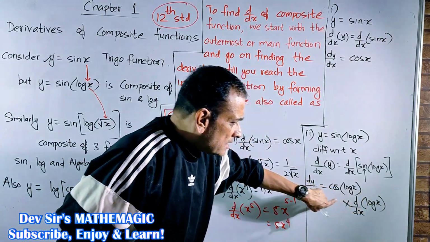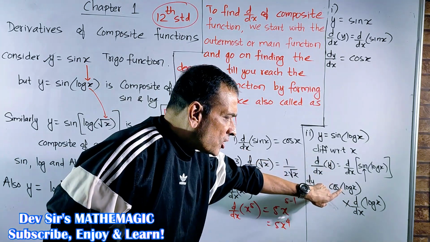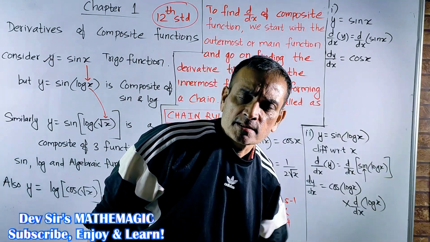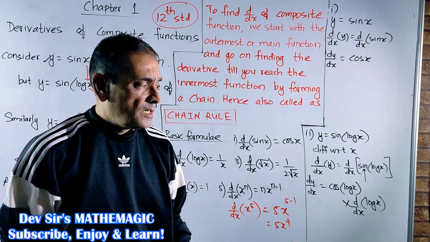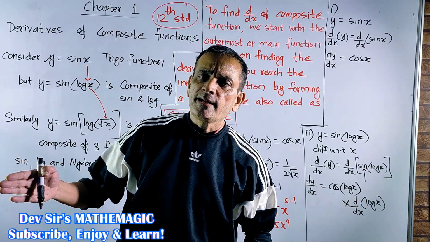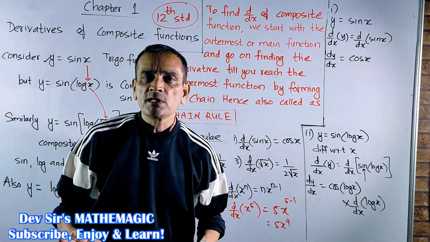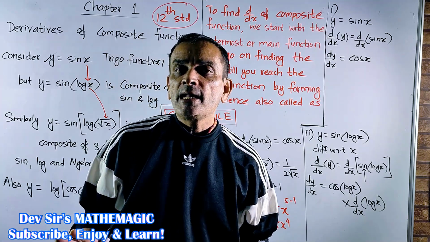सो यहाँ पे एक चेन तैयार हुई, cos of log x into d by dx of log x. Because a sort of chain is formed, multiplication chain, it is called as chain rule. To find the derivative of composite function is also called as chain rule.